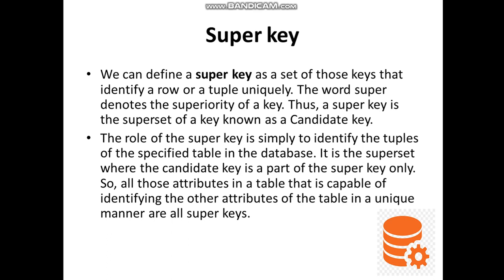It is the superset where the candidate key is a part of the super key only. So all those attributes in a table that are capable of identifying the other attributes of the table in a unique manner are all super keys. For example, in an employee table, employee number, passport ID, and registration number are all super keys which uniquely identify your records.